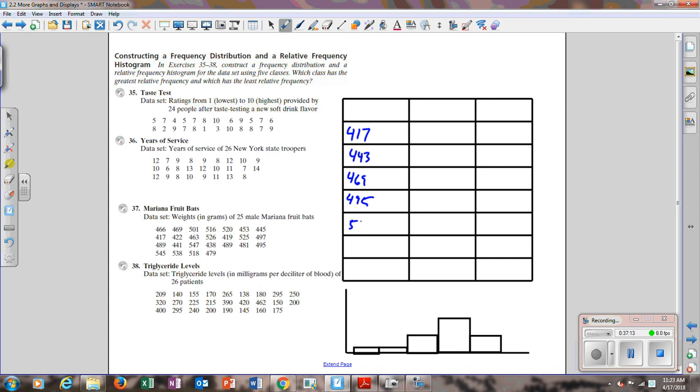And 521. And 25. 546 for this. That's a 5. And 520. 494. 468. And 442.